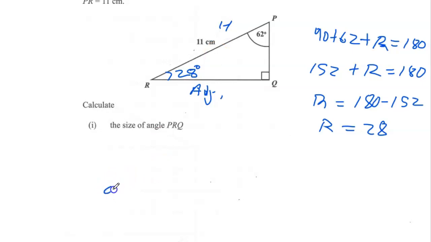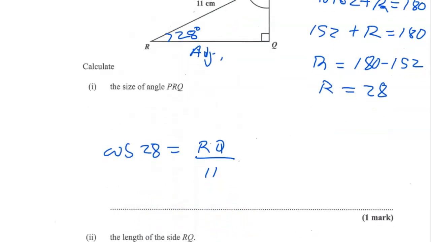So cosine of 28 is the adjacent, which is RQ, upon the hypotenuse, which is 11, the longest side, right? So if we times both sides by 11, we should be able to calculate RQ.